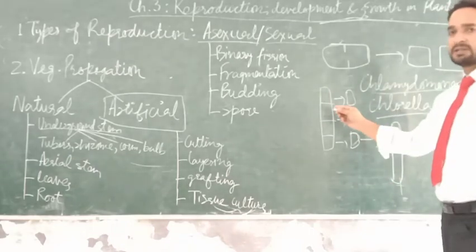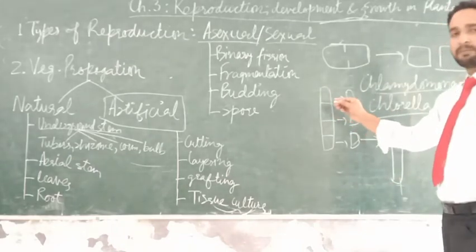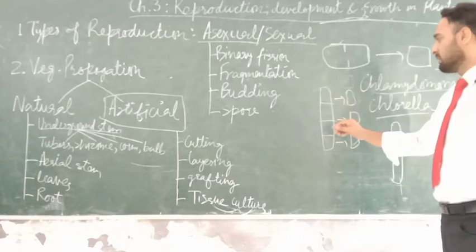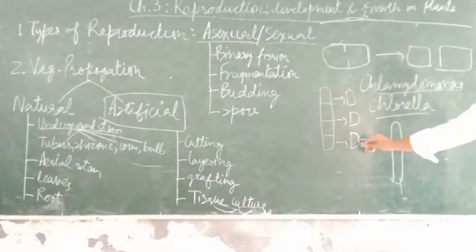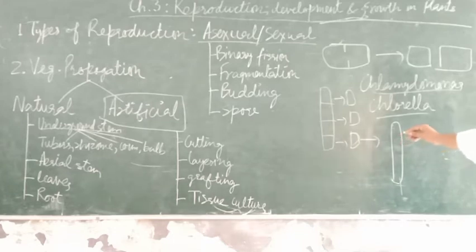Each fragment is capable of growing into a new individual. This is fragmentation, and the example I will give is Spirogyra, an alga that reproduces through fragmentation.